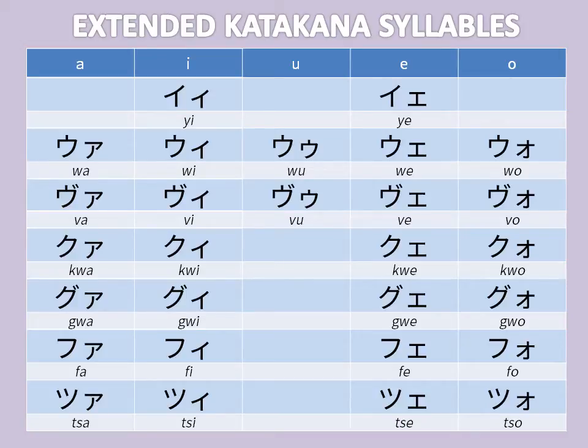Then bigger U and smaller u, so we have woo. Then big U and small a, way. Big U and small o, so wo.